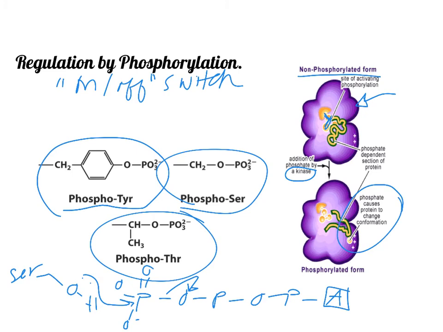That big phosphate group is attracted to these positive charges, probably some arginines or some lysines, and it completely changes the shape of the protein, and the change in shape can either be an active form or a deactivated form. It's impossible to tell in this cartoon diagram whether this activates or deactivates the protein, but that giant negative phosphate group can change the shape of the protein to make it either more active or less active.